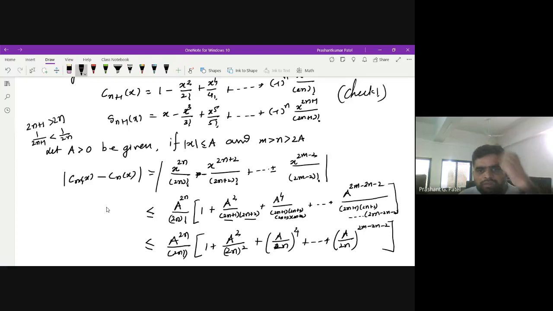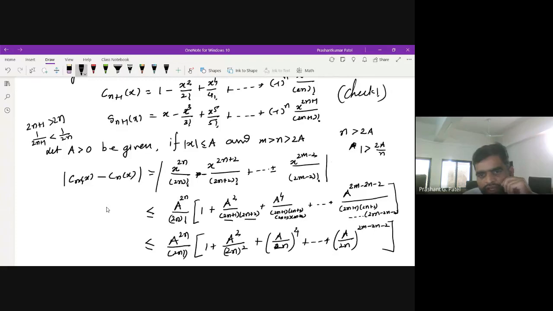Now what will this A upon 2n be? As per this, n is greater than 2A, so we can say 1 is greater than 2A by n.